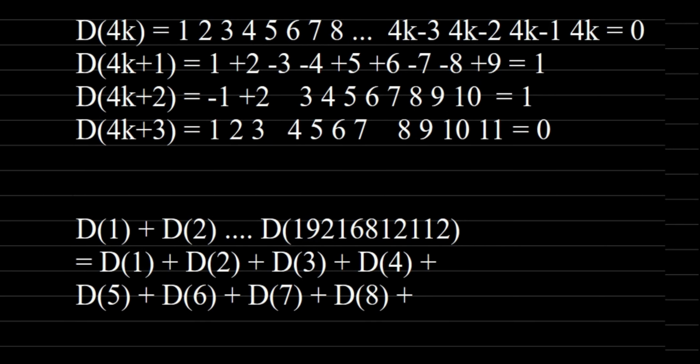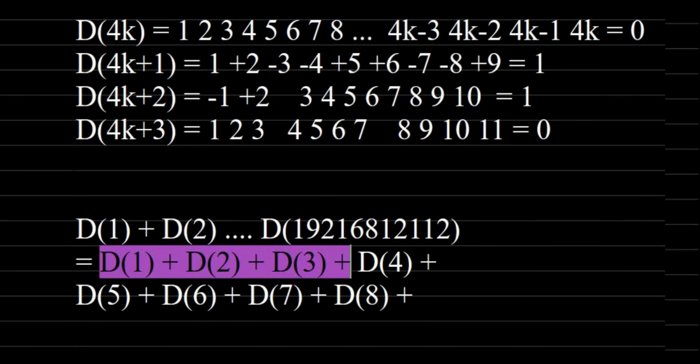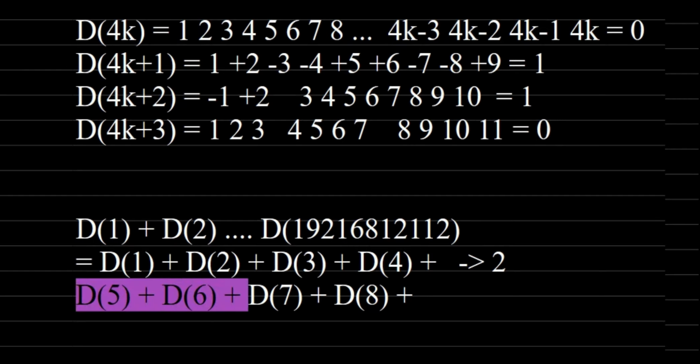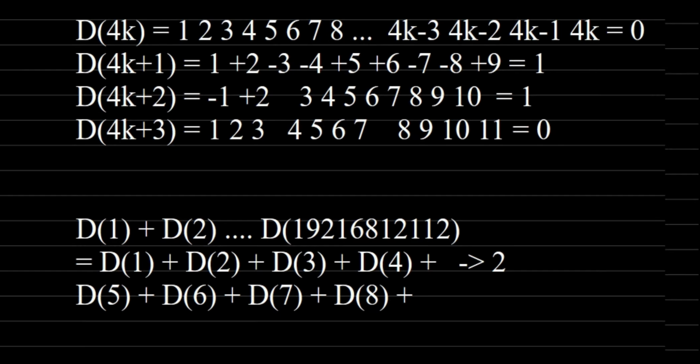So for this group, d of 1 plus d of 2 plus d of 3 plus d of 4, the answer is 2, since we are adding 0 plus 1 plus 1 plus 0. Again, for d of 5 plus d of 6 plus d of 7 plus d of 8, these 4 are also of these forms.